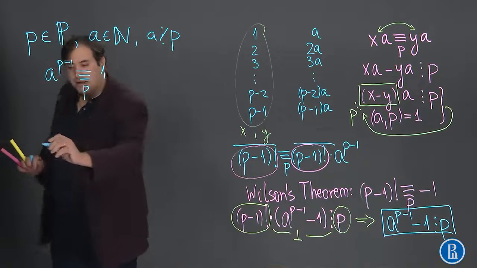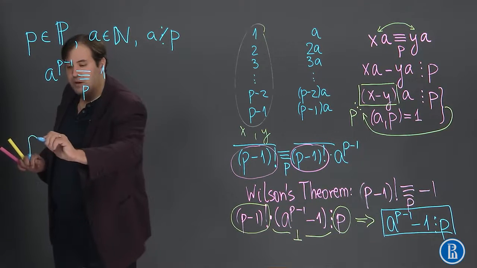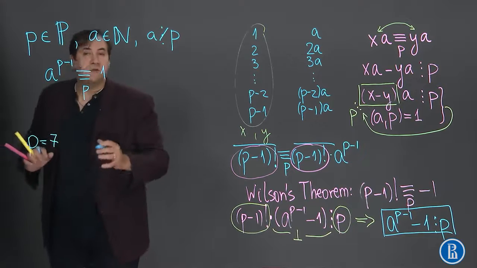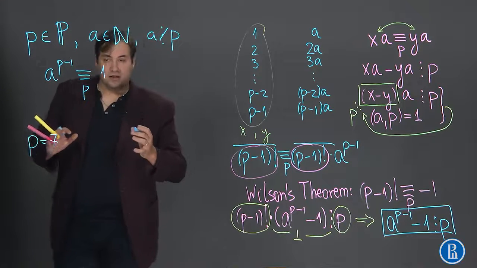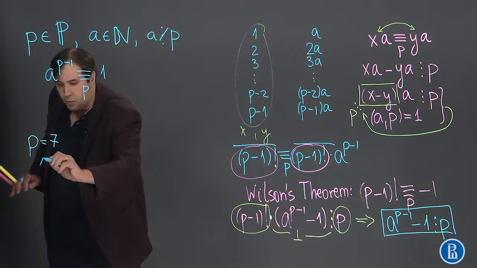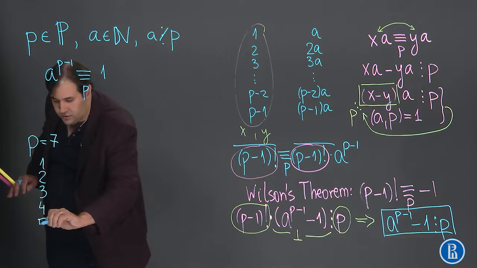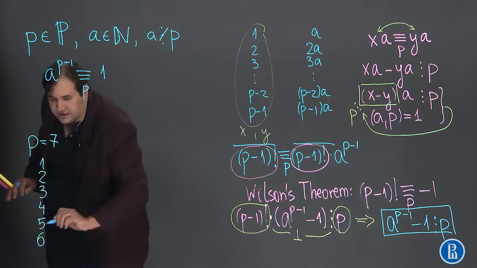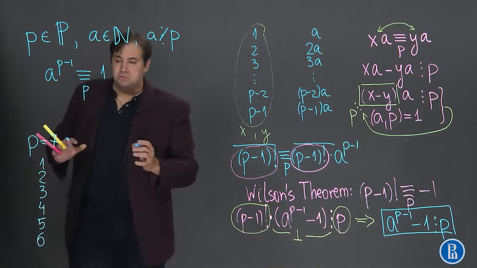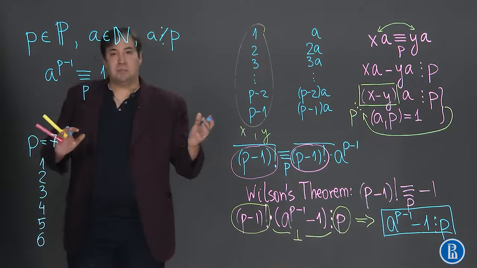Well, it's a quite convenient prime number. So first we need to write all the remainders: 1, 2, 3, 4, 5, and 6. And then, well, we need to pick number a.